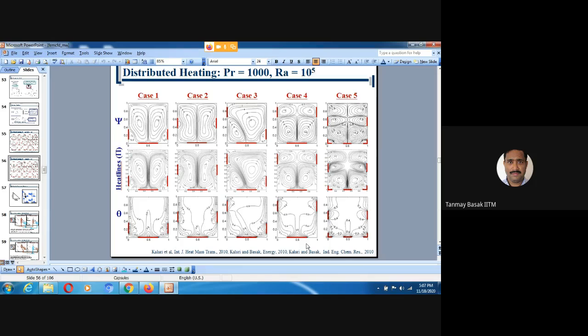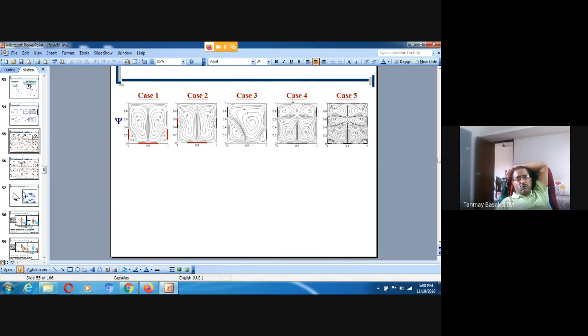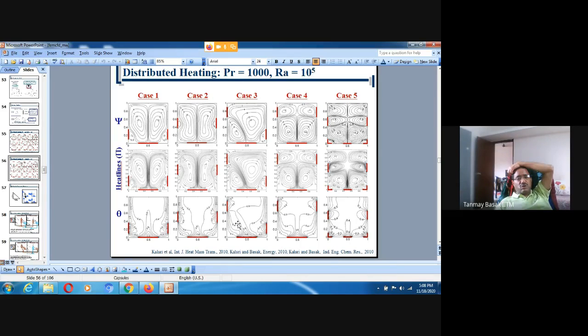So you have the heat lines, stream function and temperature as usual, and you can see the effect of the flow is dramatically enhanced. Here the Rayleigh number is 10 to the power 5, previously also 10 to the power 5, but for this configuration there is definitely high thermal mixing.